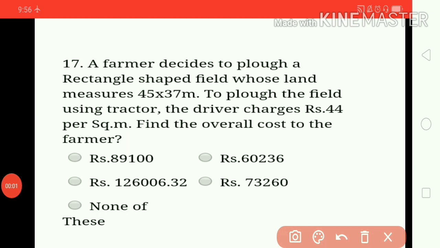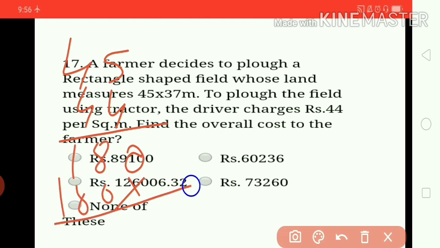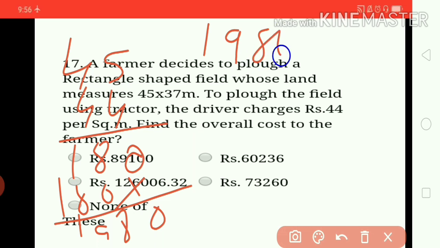So let us do the multiplication of 45 and 44. 4 5s are 20, 4 4s are 16, and 2 is 18. Again with 4 we will get 0, 8, 8 and 1 is 9, 1980. Now multiply 1980 with 37.